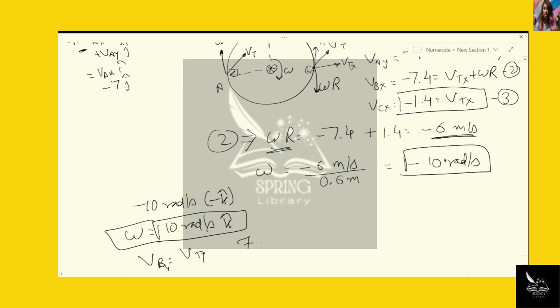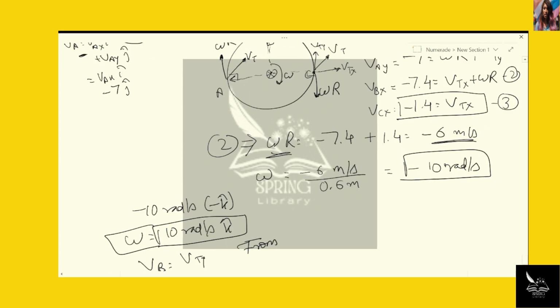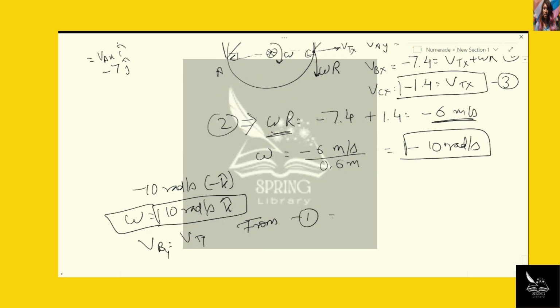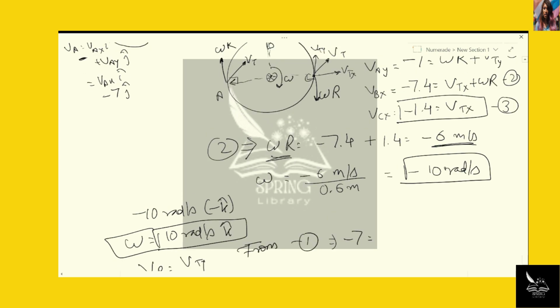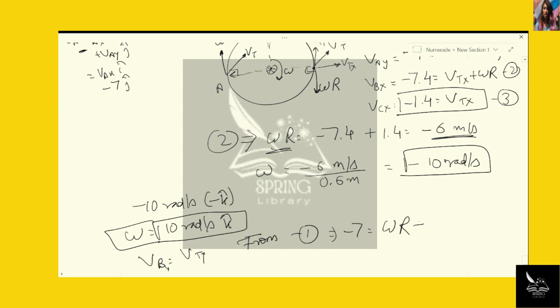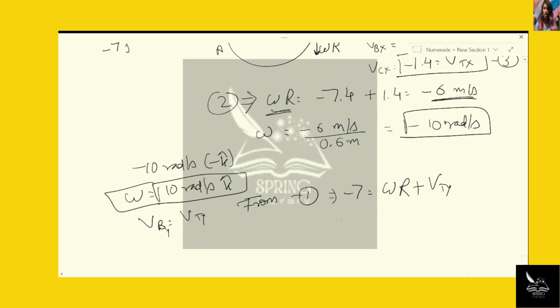And then from equation 1, we know that minus 7 equals omega r plus Vt of y. So Vt of y will be minus 7 minus omega r, and omega r was calculated to be minus 6 here. So we just plug this back in because we are using our older sign convention for everything.